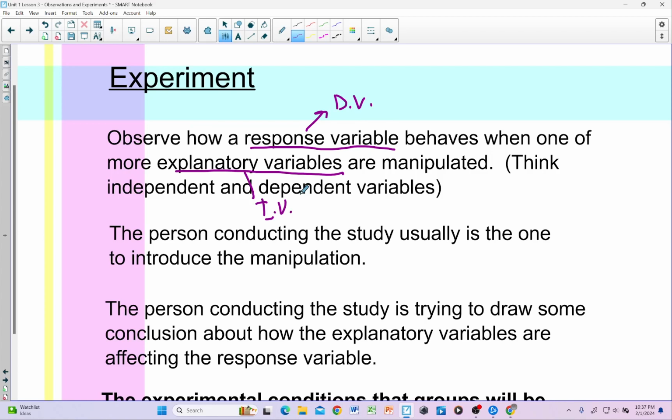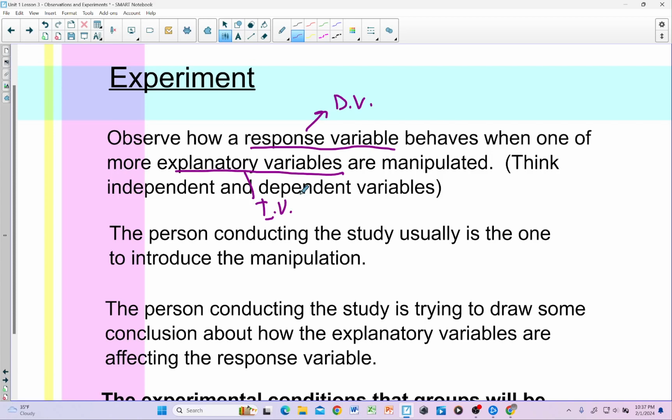However, we haven't done the experiment yet. We're trying to find out if that dependence exists. We don't know if they're related. They may not be. That's why we're doing an experiment in the first place. So we have no idea if one depends on the other, if the other one's independent. We don't know. So instead, we just call it explanatory and response.